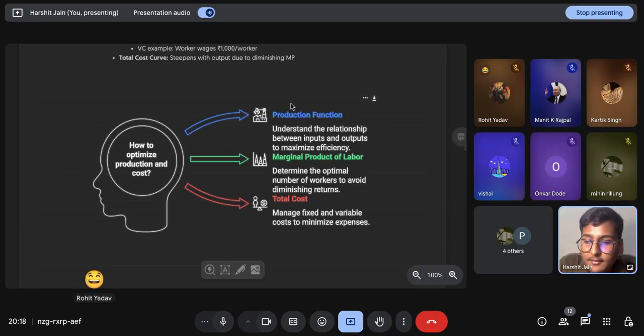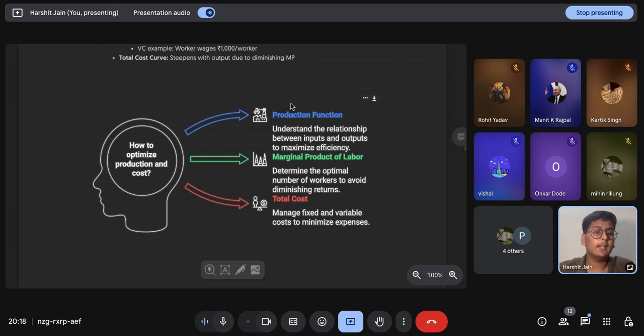The marginal product of labor means the extra output from hiring one more worker. But remember, as we add more workers, the marginal product usually declines. This is called diminishing marginal product.